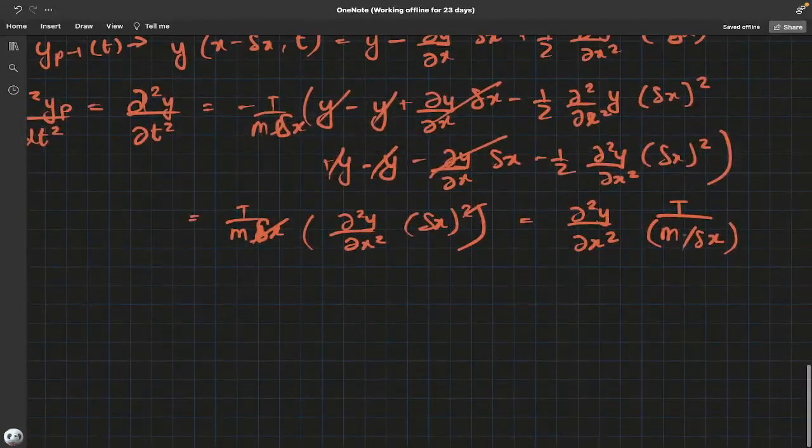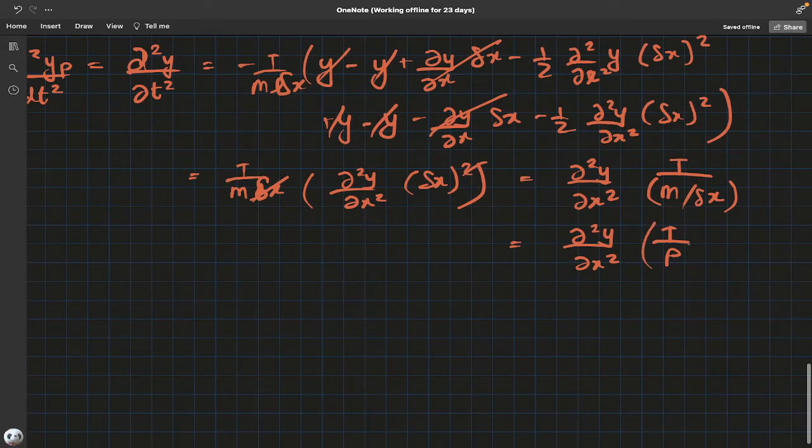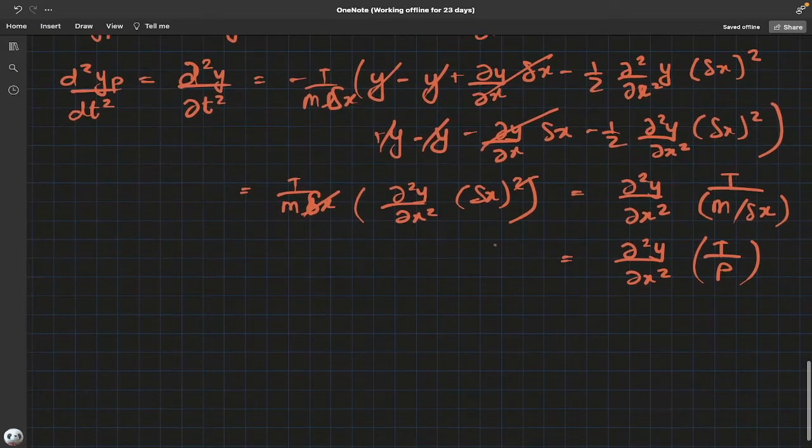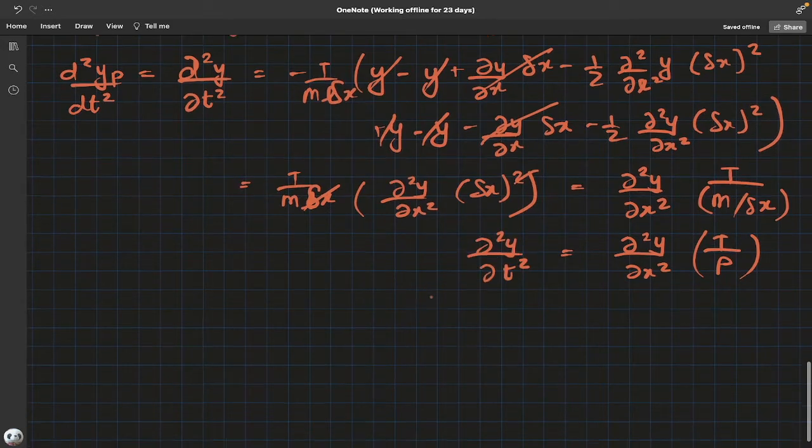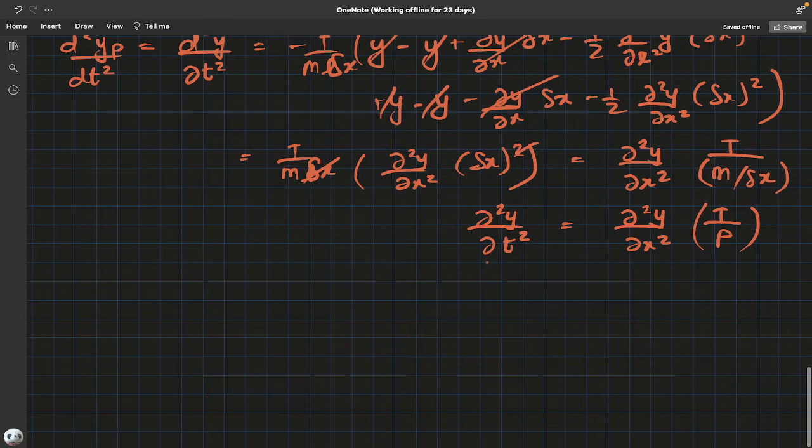So this m over delta x, we can call it the linear mass density rho. So our equation just looks like T over rho. And all of this is just equal to the second time derivative according to Newton's law. And there we have it. This is our wave equation.